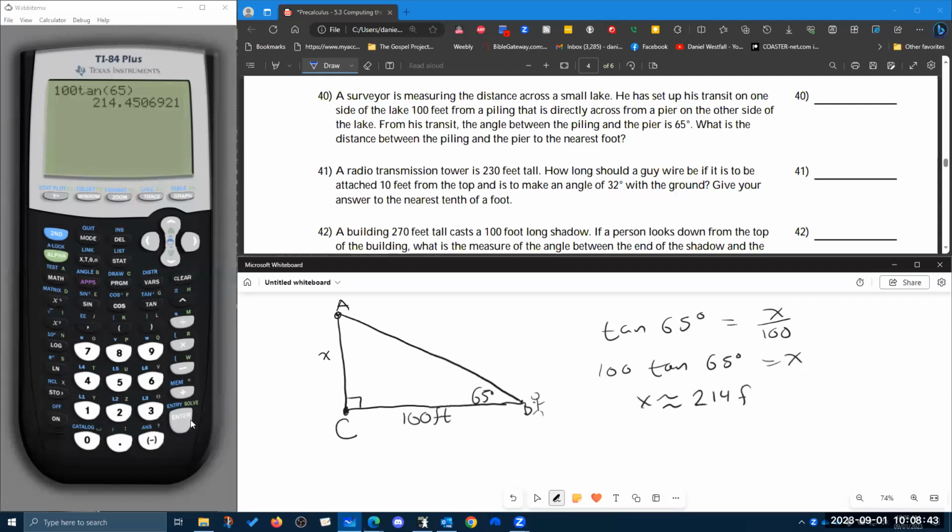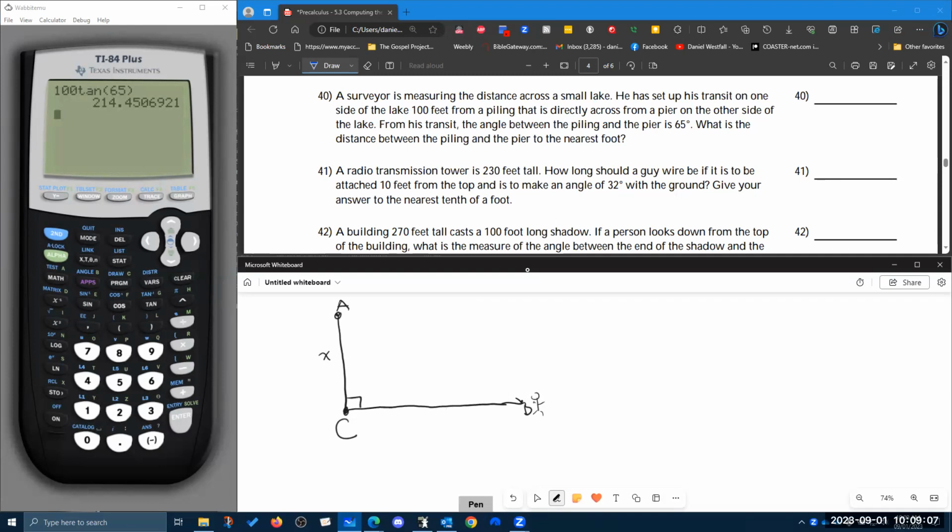Now the context of the problem changes. Instead of a horizontal, two-dimensional situation, we've flipped the triangle up and we're talking about a radio transmission tower this time, but really the same picture, where there's a person standing away from the base here at point B, and we know that a radio transmission tower is 230 feet tall.